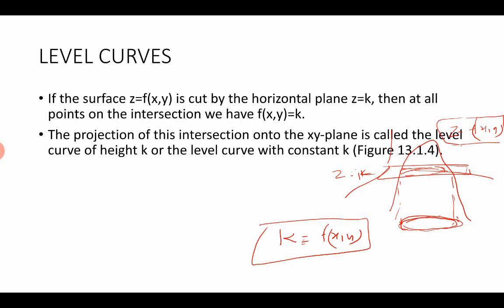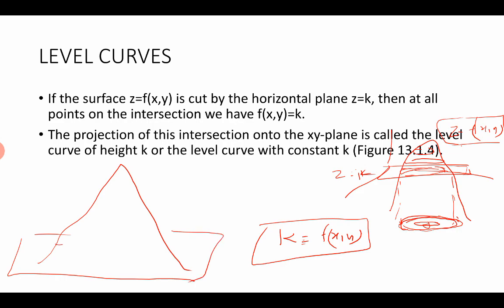The projection of this onto the xy plane is called a level curve of the height. When the height changes, the curve changes. When you go towards the top of the mountain, the curve becomes smaller, and at the top you get a small curve. So a mountain like this can be expressed on a two-dimensional sheet, with every level of height.